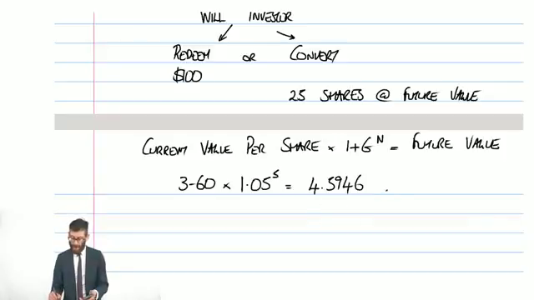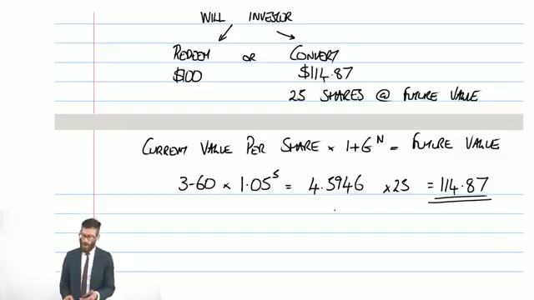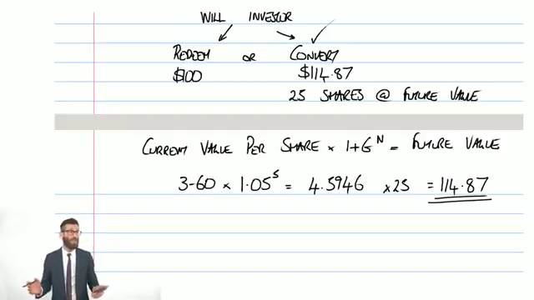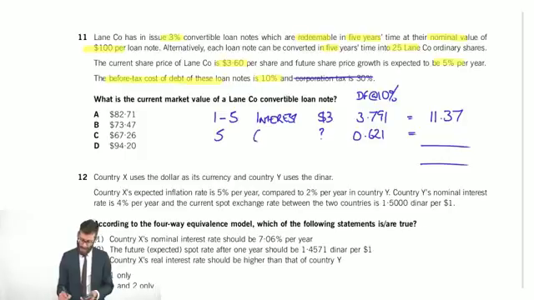That figure in my calculator I then multiply by 25 and it gives me 114.87, rounded now. So what would you do? 114.87 versus 100, of course the investor will convert because it is the most lucrative return to them.